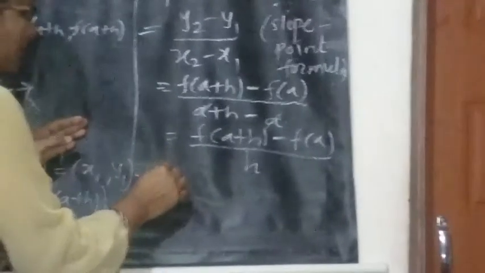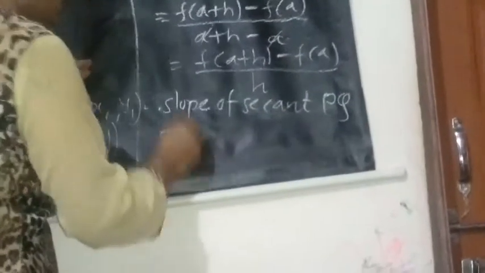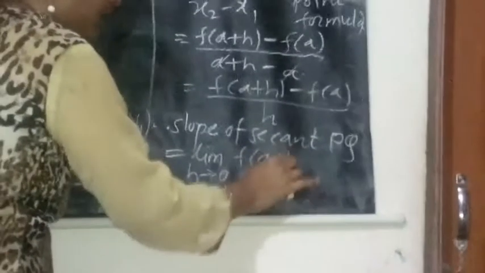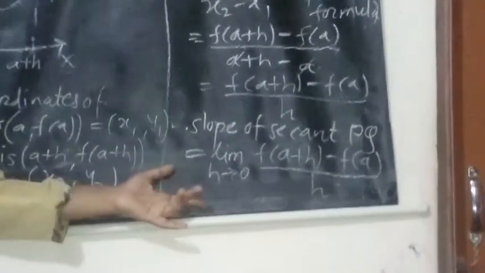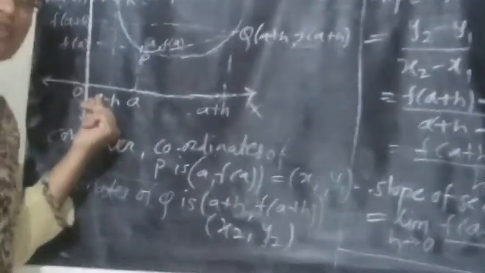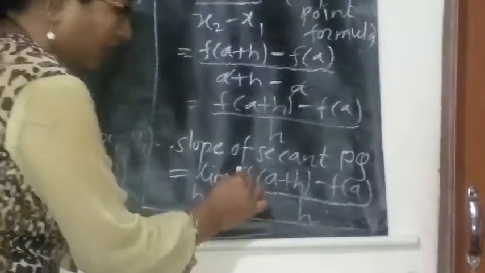Therefore the slope of secant PQ is equal to limit H tends to 0 of f of A plus H minus f of A upon H. And this is the formula, or this is the geometrical meaning of the derivative, where we make H smaller and smaller and therefore H tends to 0.